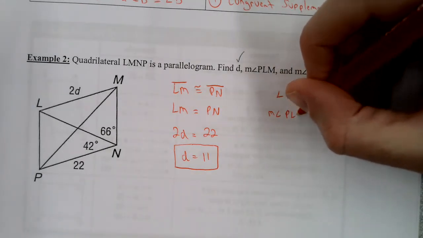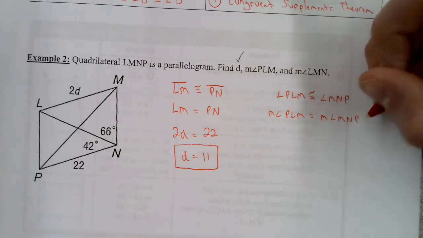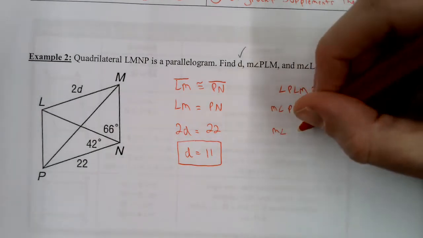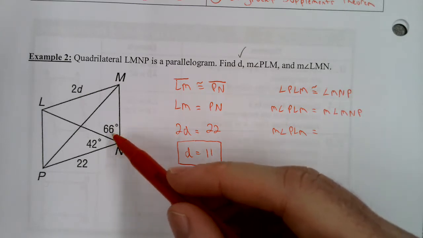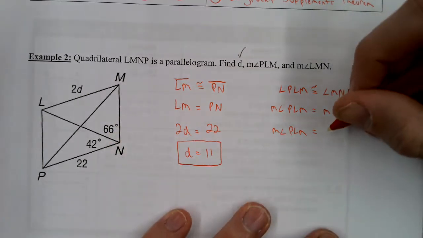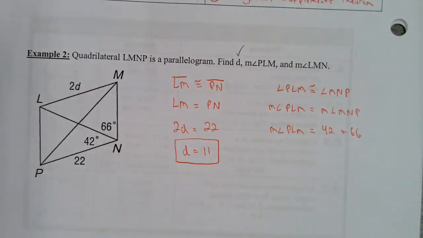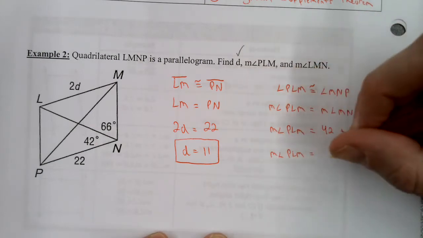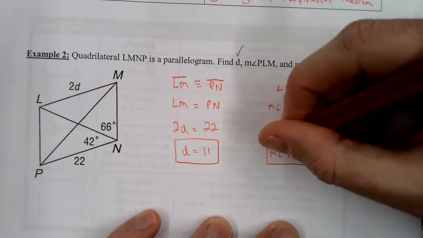So the measure of angle PLM has to equal this angle down here, which is 42 plus 66. So 108 degrees. The measure of angle PLM equals 108 degrees.